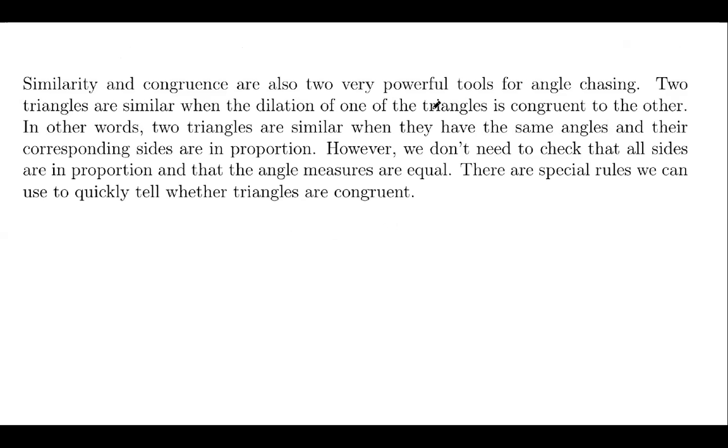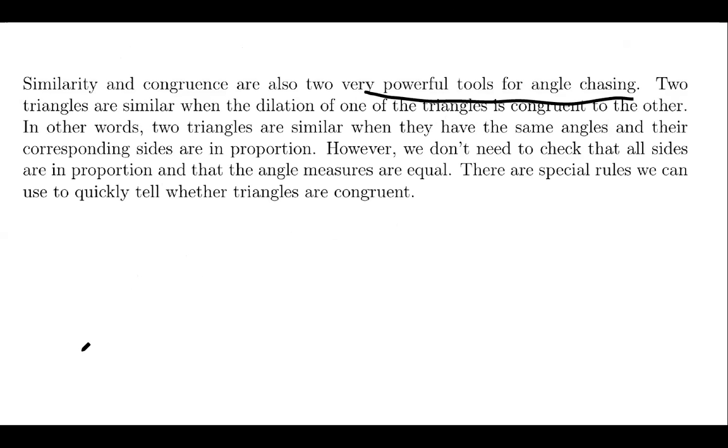So we'll quickly go over similarity and congruence now. So basically, similarity and congruence are two powerful tools for angle tracing. And we'll go over the definition of both similarity and congruence.